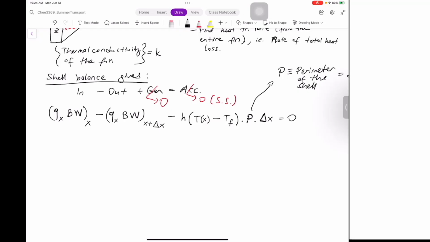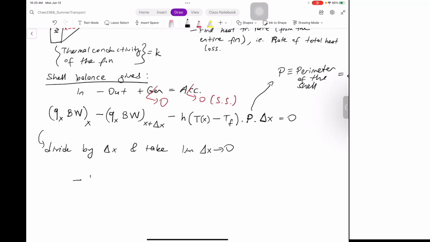Okay. Now we can divide by delta X and take the limit as delta X goes to 0.